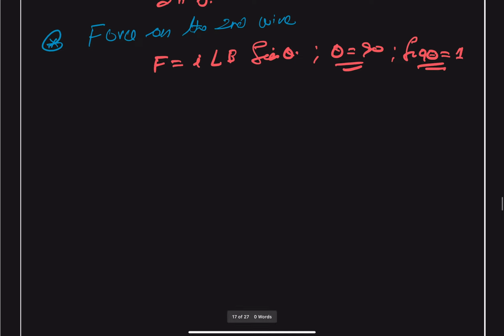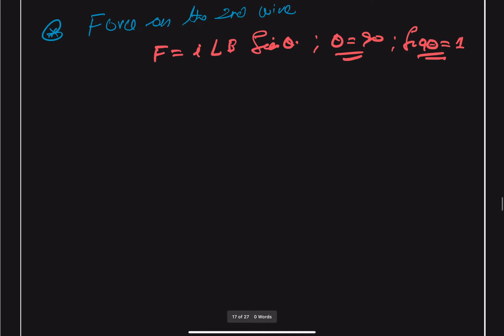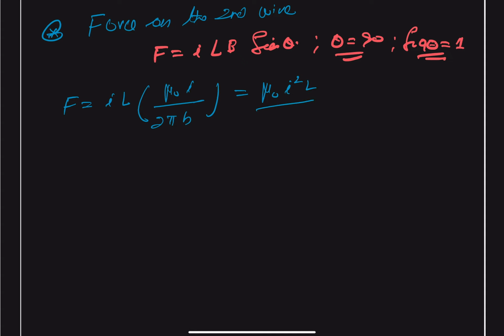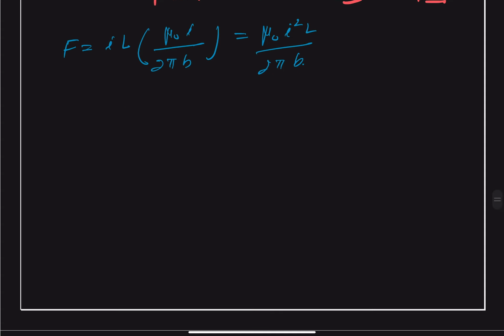So we substitute the formula for the magnetic field. We can say the force is equal to I L times mu naught I upon 2 pi b, which comes as mu naught I squared L upon 2 pi b, and we are supposed to find the force per unit length.